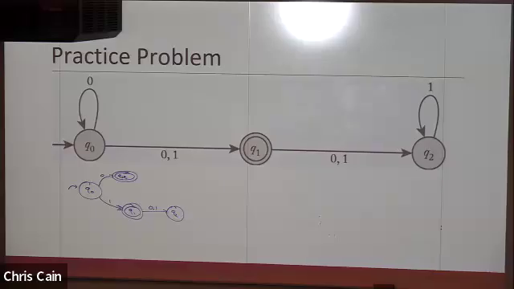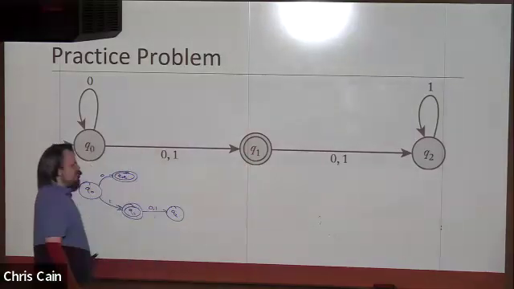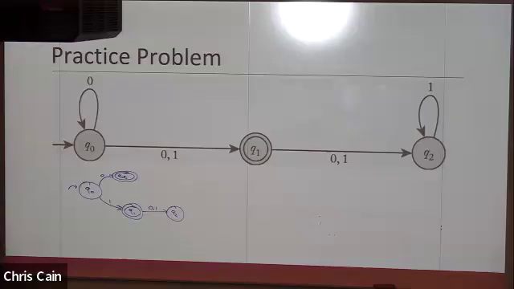It's a little bit more challenging to think about Q0, Q1. Again, I like to think that there are agents in both Q0 and Q1 at this state, and they both make the same move. So if someone is here and someone is here, and we read a 0, what are the set of states that we could be in? All 3 of them.